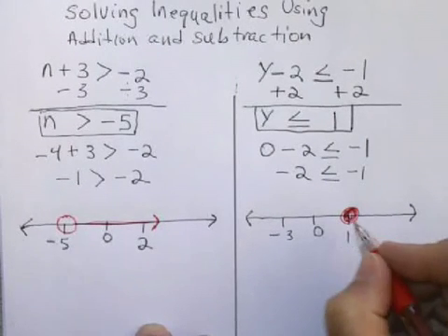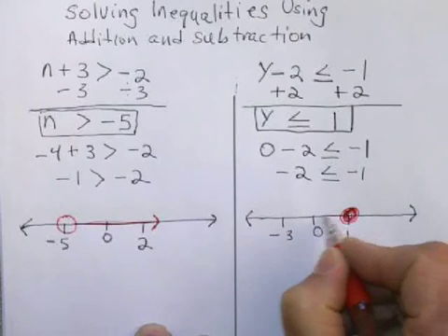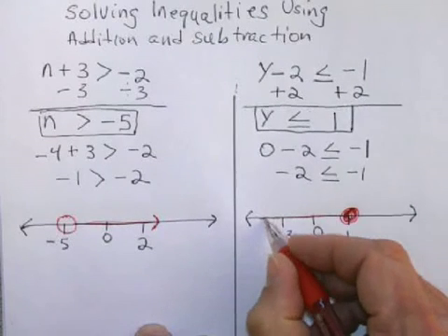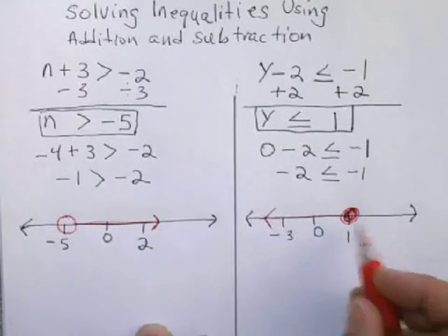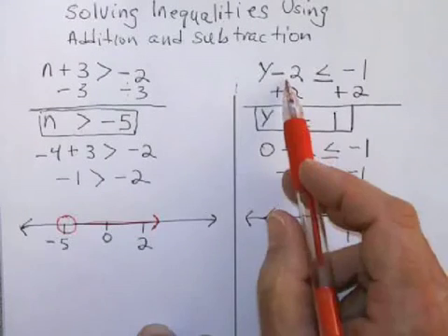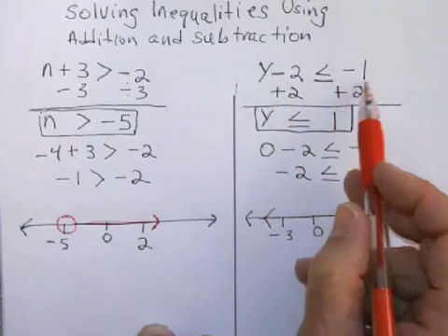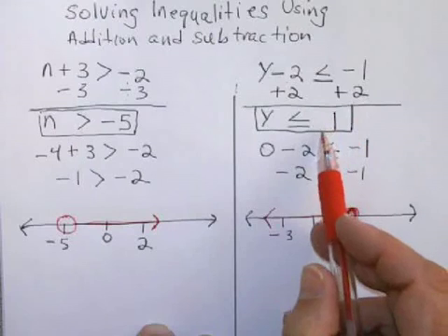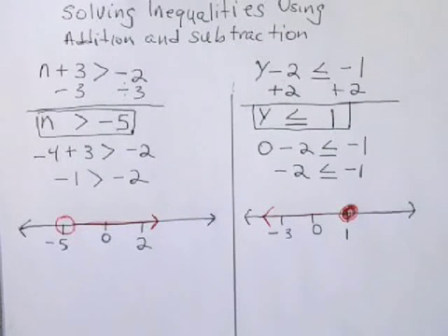It's all numbers less than or equal to this, so we're going to go to the left and draw in our arrow, and this would be a graph of the solution set of the inequality y minus 2 is less than or equal to negative 1. And that is how you solve inequalities and graph them using addition and subtraction.